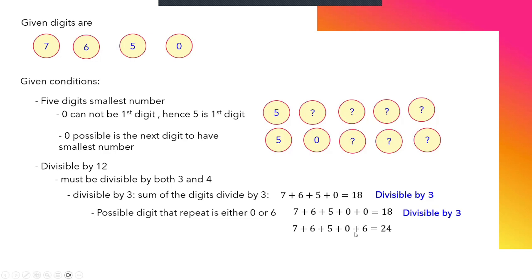If we add 6, it is 24, which is divisible by 3. So the possible combinations are 76500 and 76506. Therefore, the remaining part will be filled by either 760 or 766. Let's see how we can decide.